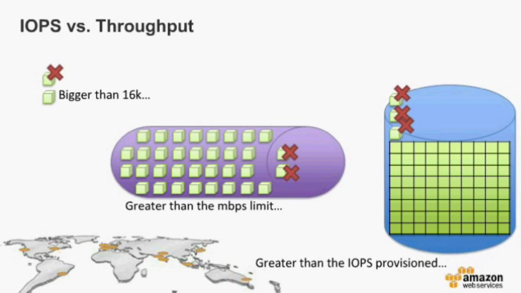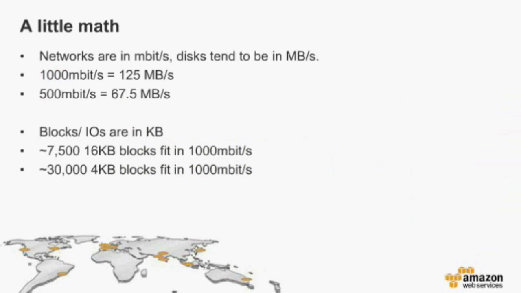So a couple of little bits of math, and probably a place where lots of folks get confused. Networks are measured in megabits per second, and disks tend to be measured in megabytes per second. So inconveniently, there are 8 bits per byte, and we use the megabits numbers to define things like the network throughput from what's called EBS optimized instances, which we'll talk about in a bit.